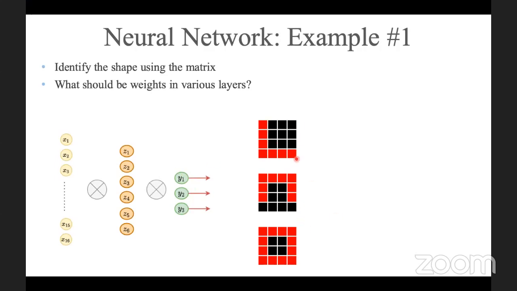Let's call them L, cap, and square. The task was: what weights and biases should we select for this neural network so that it can identify these things? This we will do maybe in the next lecture, but let's go ahead.